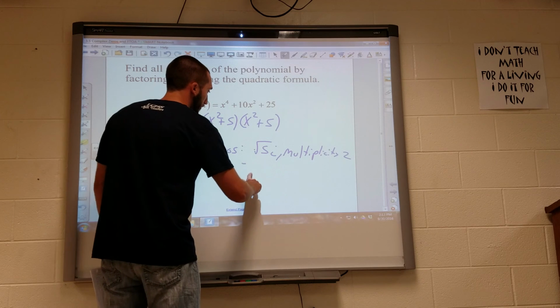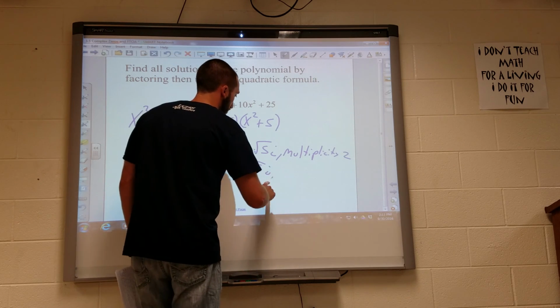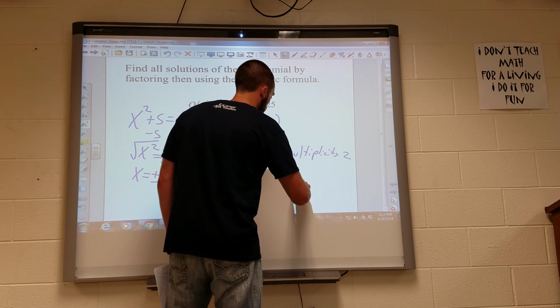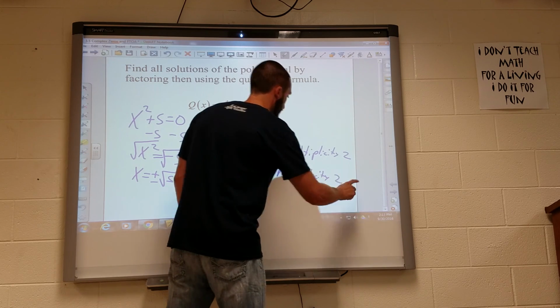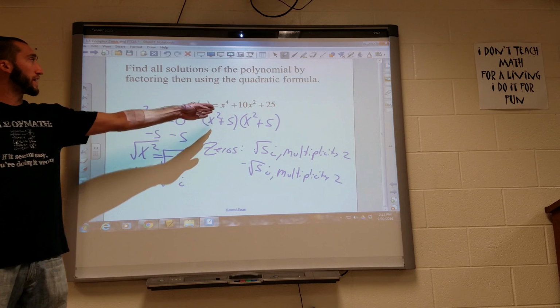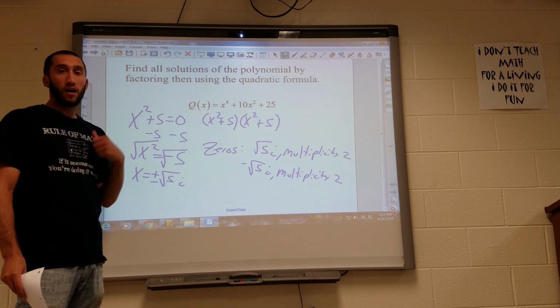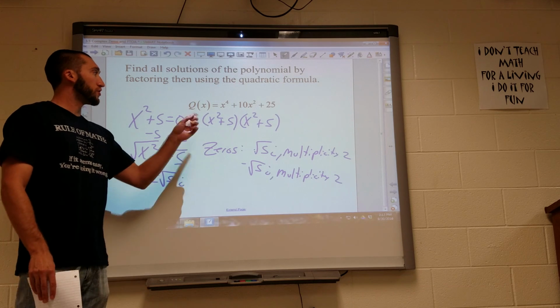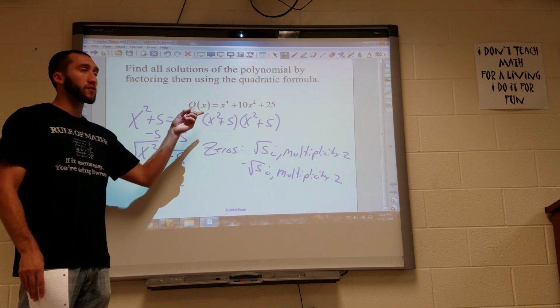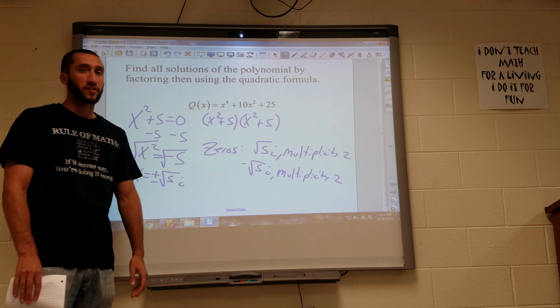And we have negative square root 5i multiplicity 2. So there we go. We factored it and we found all of the solutions. They happen to all be complex roots. So there's no real roots on this, meaning if we graphed it, it would never cross the x-axis.